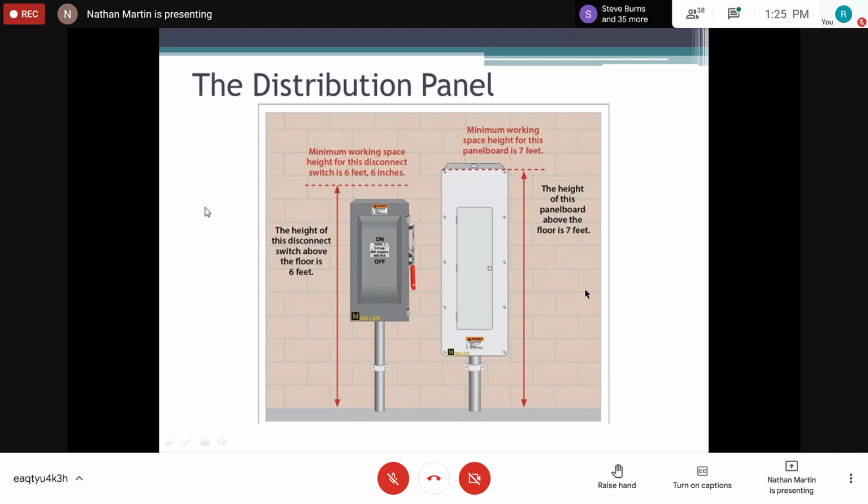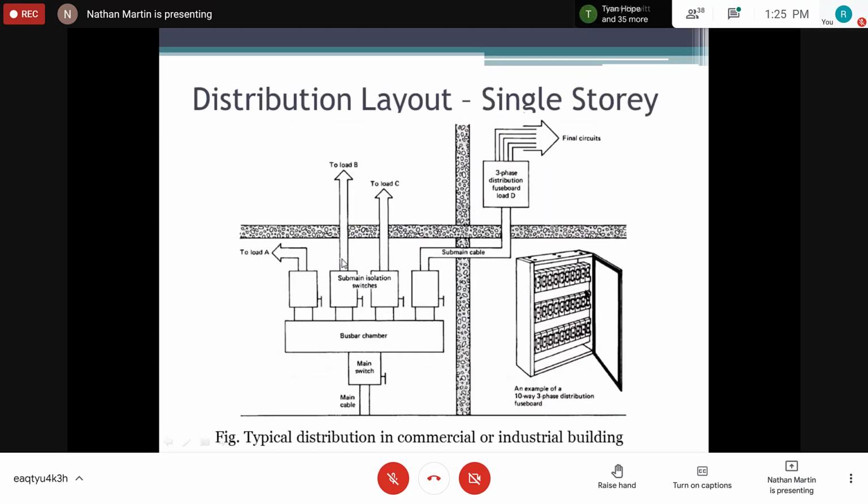So our mounting height is really critical when we're talking about panels. You should be able to comfortably disconnect your breaker at your highest point, right? And so we have shown an example of a typical commercial and industrial distribution, where we have our main coming in and we have a main switch.